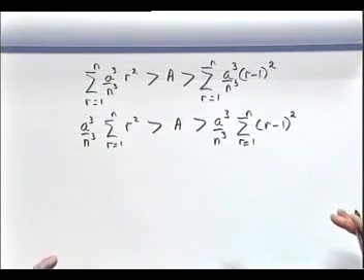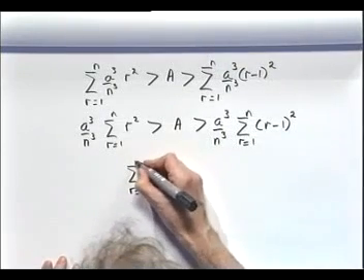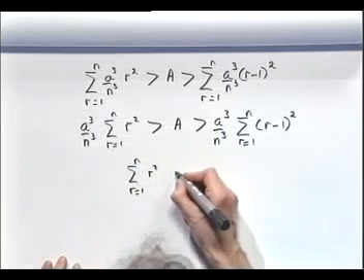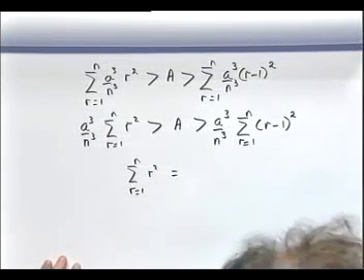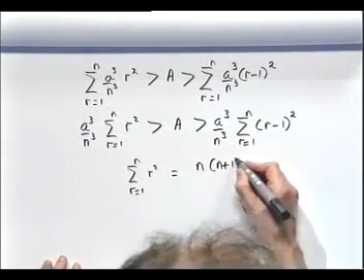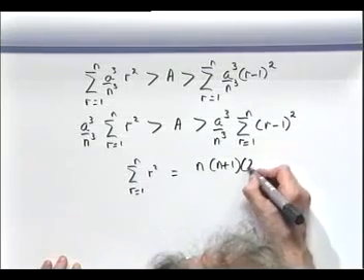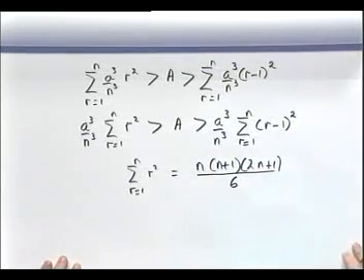Can we add those up? Well, yes, there is a formula that tells us what the sum of the first n squares is. The sum of the first n squares from r equals 1 to n is n times n plus 1 times 2n plus 1, all over 6.